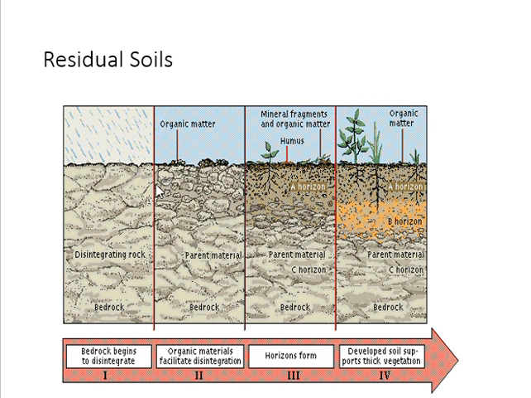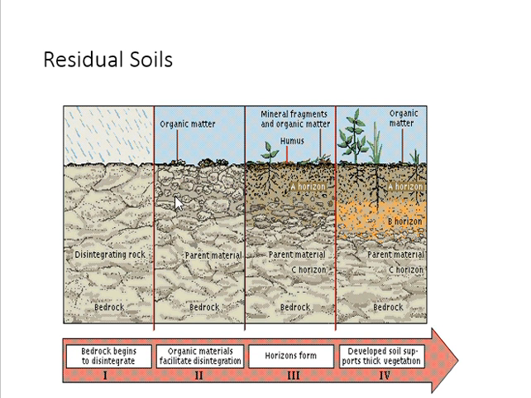Residual soils form from the bedrock. The bedrock is the outer crust of the earth. It's that outer shell of rock. When that rock is exposed to the atmosphere over many years, it chemically and physically breaks down. This creates the parent material.